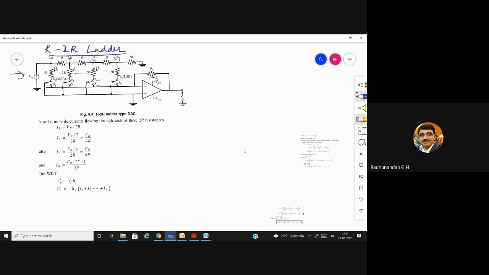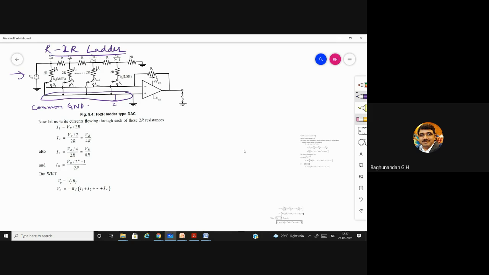Actually, it's also an inverting type op amp only. Instead of connecting all these terminals to a separate ground, we are connecting directly to this, because the non-inverting terminal is already grounded. Now we have made it common. See, this portion is a common ground connection.